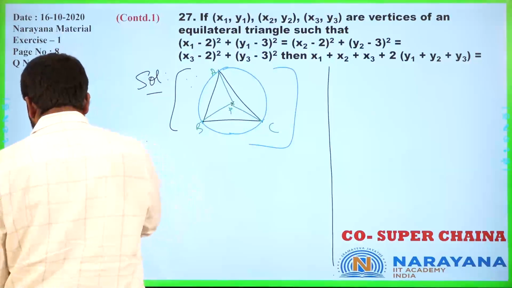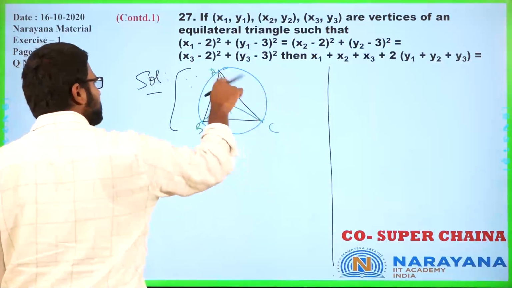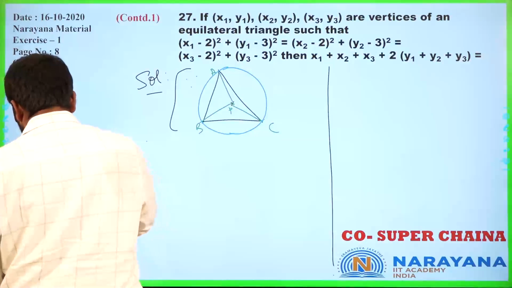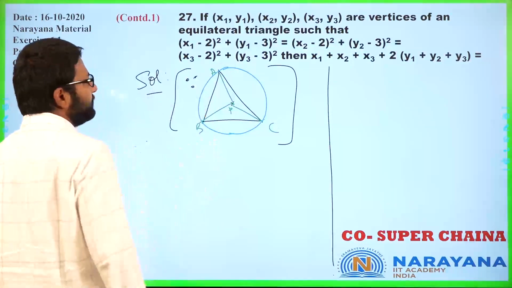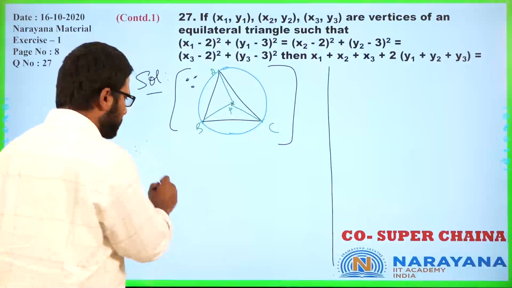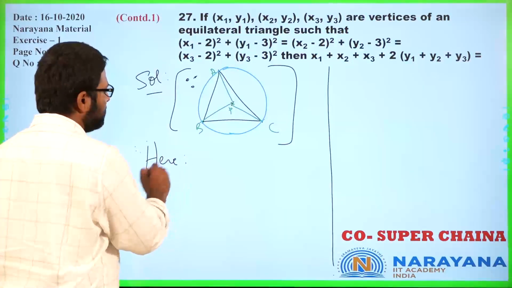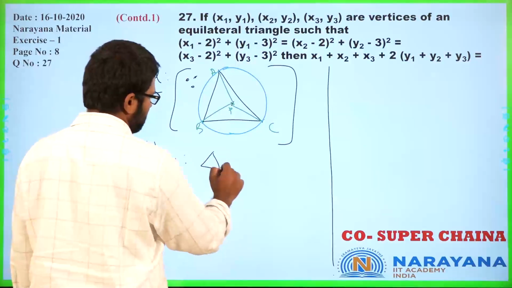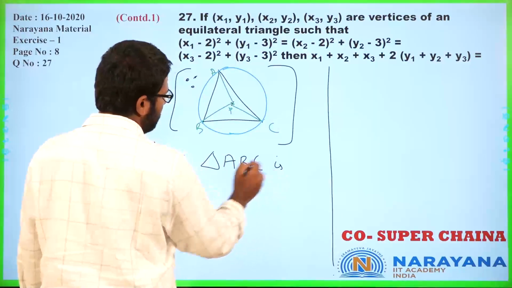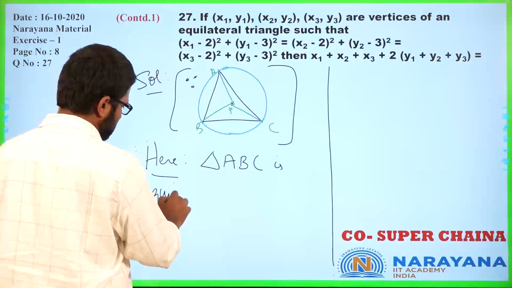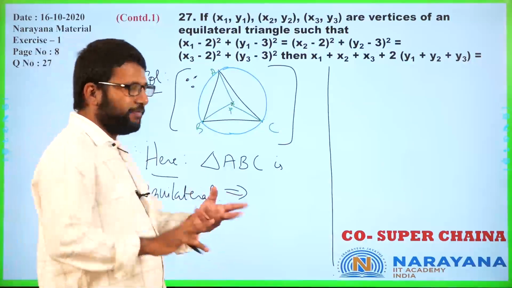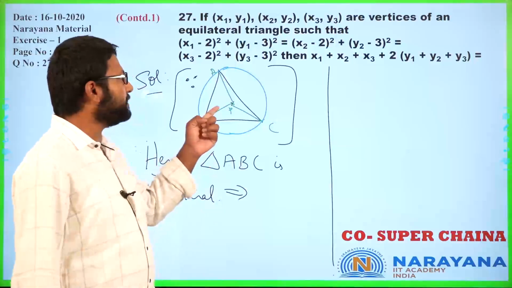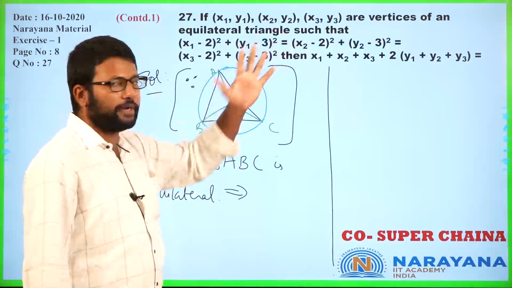For this circle, this length AP becomes the radius. Here, triangle ABC is equilateral. So we have figured out two things: point P is the circumcenter and this triangle is equilateral.